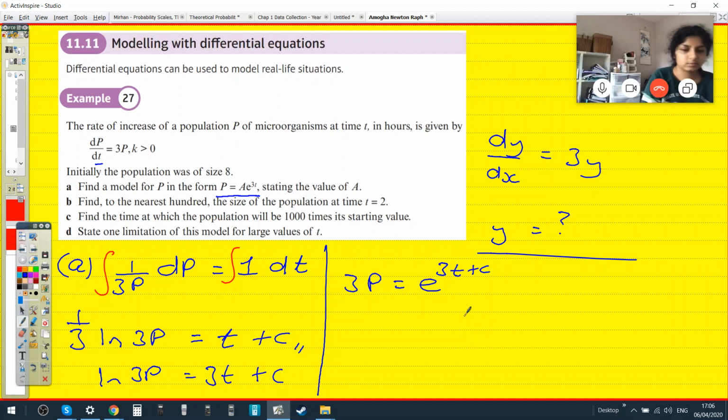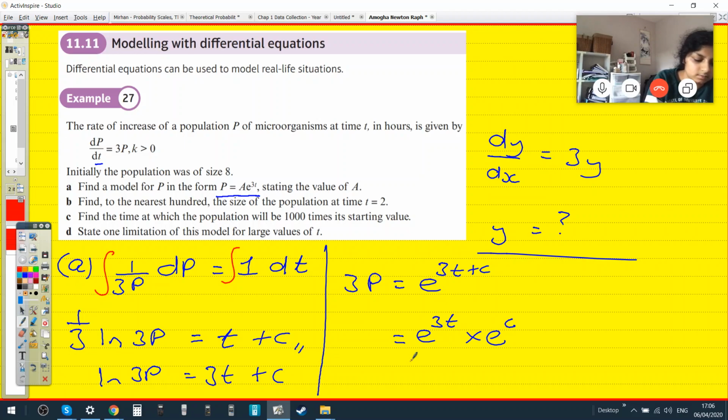What is next? Divide by 3. Then you have e to the power of 3t plus c, and then 1/3. Before you do that, when do you see two powers being added? And they're being multiplied. So I'm going to write that as e to the 3t times e to the c.